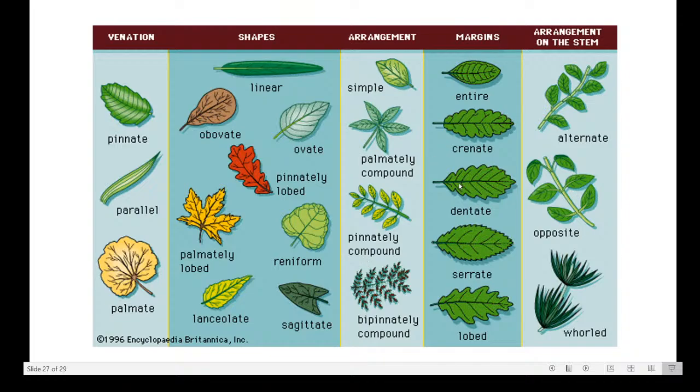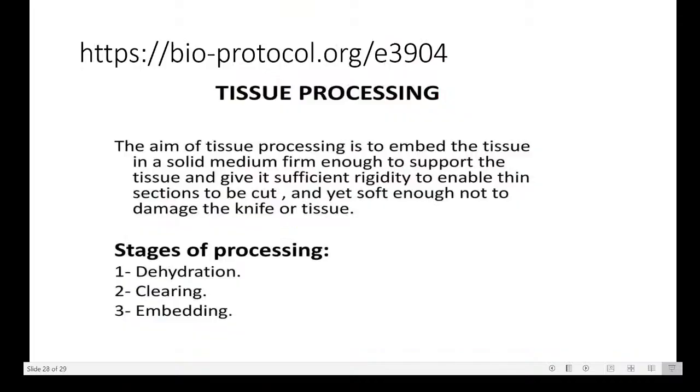Margin and arrangement of leaves: the arrangement is alternate or opposite. If you search like this, you can easily find the plant name. This is the way to find the name.